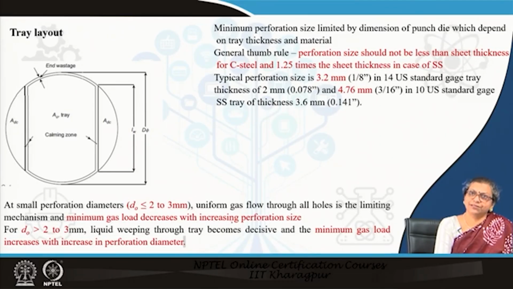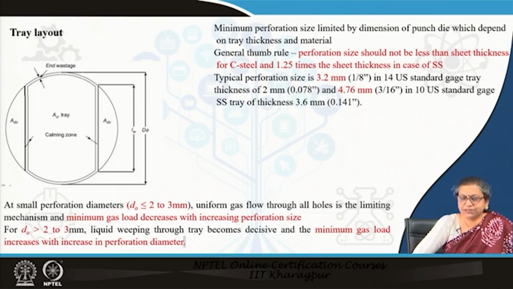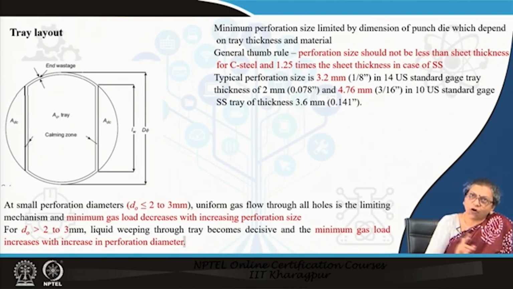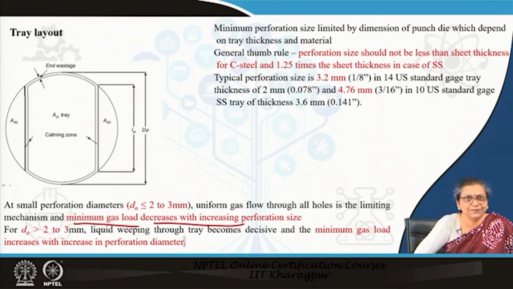Now, there is something interesting I would like to tell you before I proceed further. If we go for a perforation size less than 2 to 3 millimeters, the limiting operation is uniform gas flow rate through all the holes, because it is a challenge to ensure that the gas is bubbling out uniformly through all the holes. Under such a condition, the minimum gas loading actually decreases as you increase the perforation size.